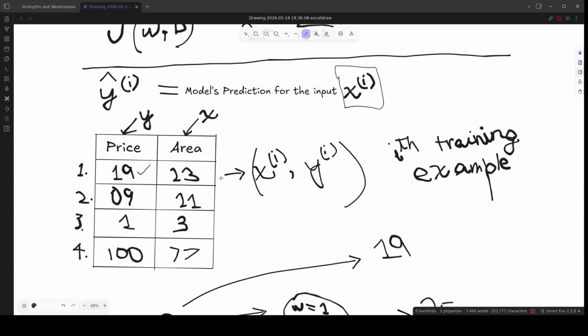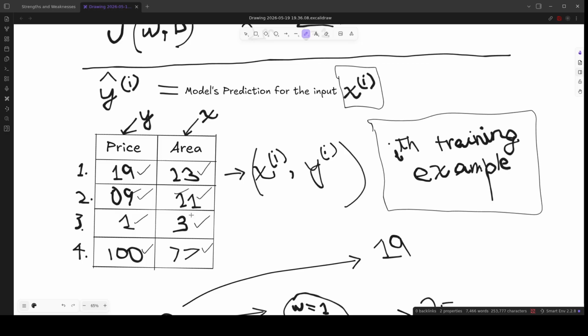This is x2, y2, x3, y3 and x4, y4. So if we have an ith example, ith data point, ith training example, it can be written down as xi, yi.